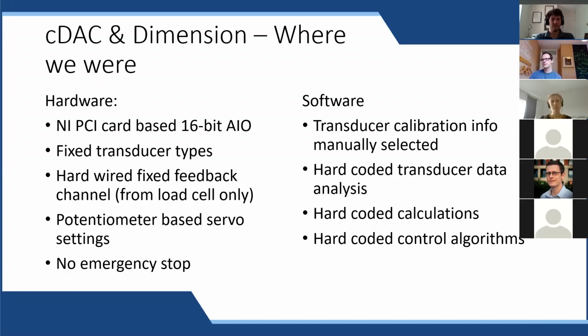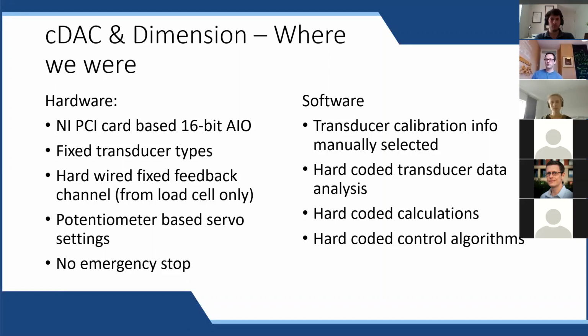We had no emergency stop, and the software as well was quite rigid in the way it works. Calibration info is manually selected. So if you changed out one of your transducers, you had to then manually set all the calibration settings and the ranges and things like that in the software.